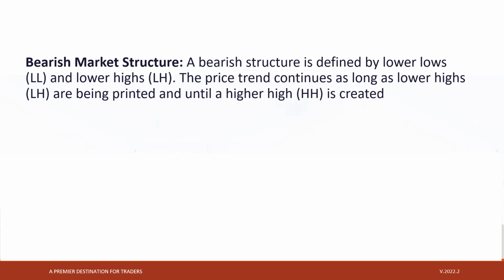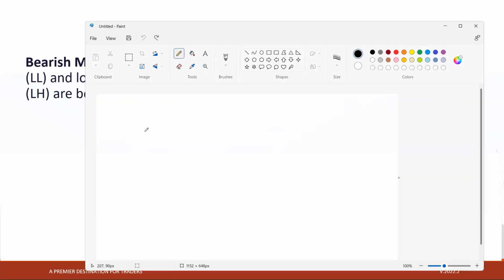In the bearish market, price is trending lower, making lower lows and lower highs. So in the bearish market, each new low is a potential target for the next lower high. So if the price makes a new lower high, so for example, what I mean is in a bearish market, the price makes a low and then makes a high, which is lower than the previous high.